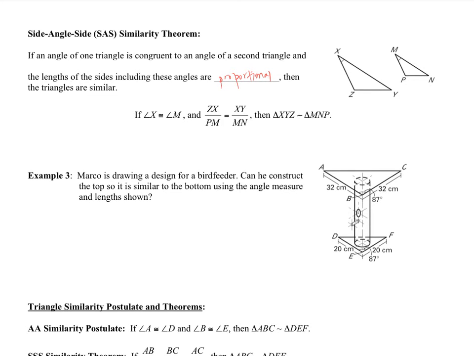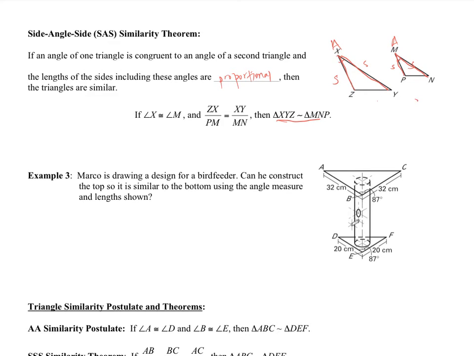So this means that if angle X is congruent to angle M, and the ratio of ZX to PM is equal to the ratio of XY to MN, so we have side, angle, side, then these two triangles are similar.